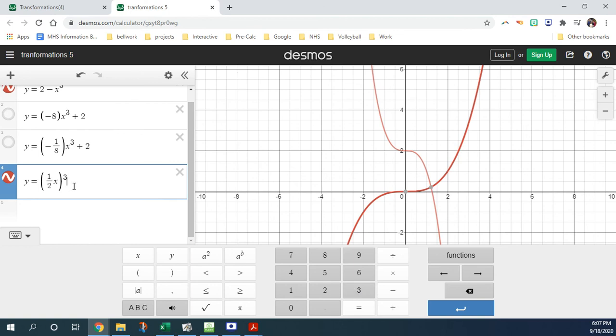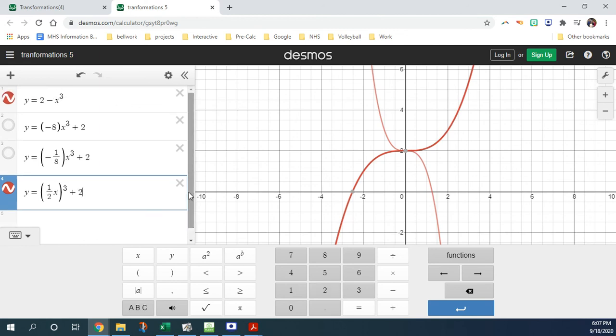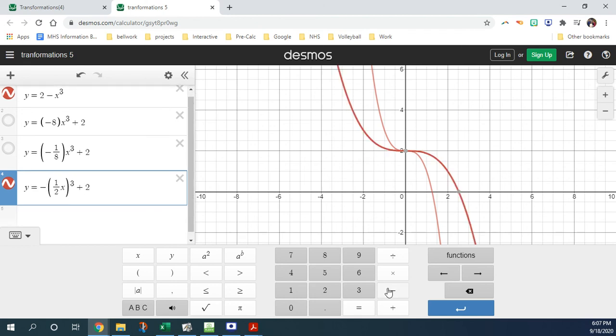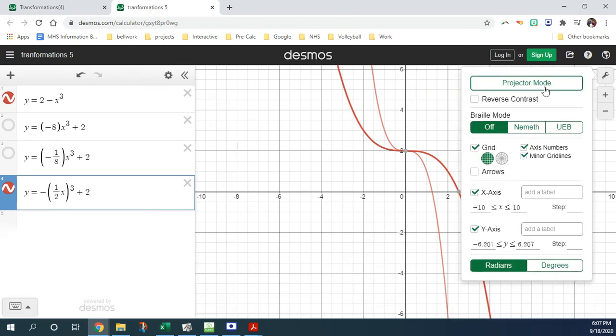And then we want to add 2. So notice, it's a little bit hard to see. Oh, this needs to have a negative in front. That's why it looks different. Negative.